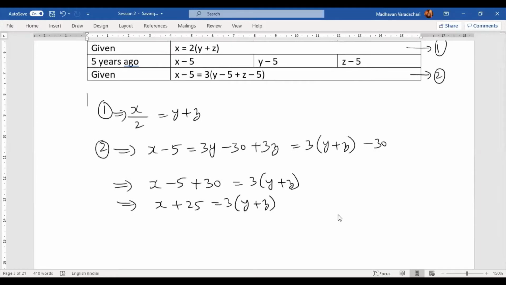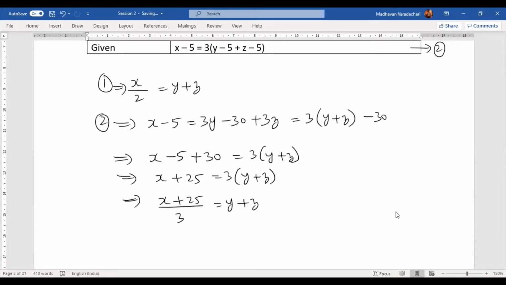Again, I will bring the 3 to the denominator, so you have y plus z. Here also you have y plus z. That means I can equate these two fractions. So x by 2 equals x plus 25 by 3.